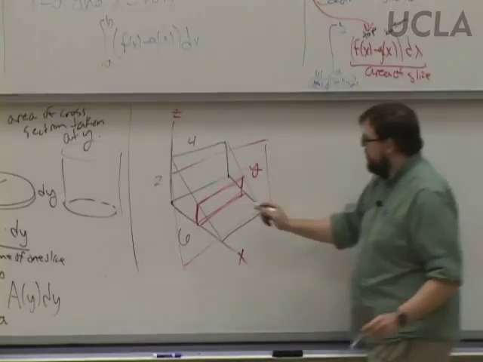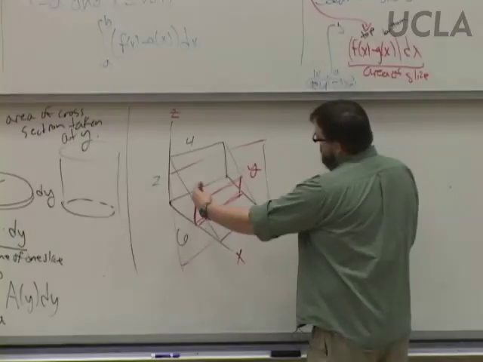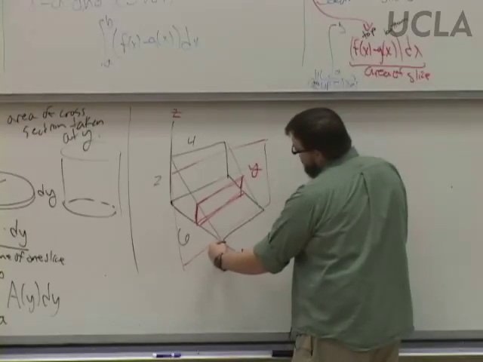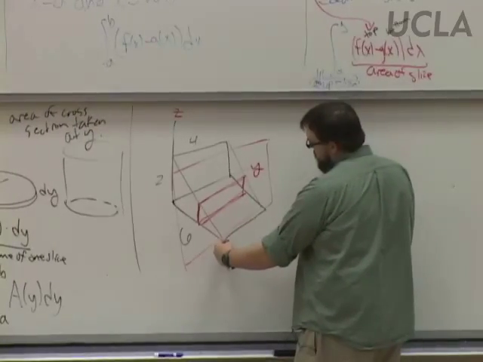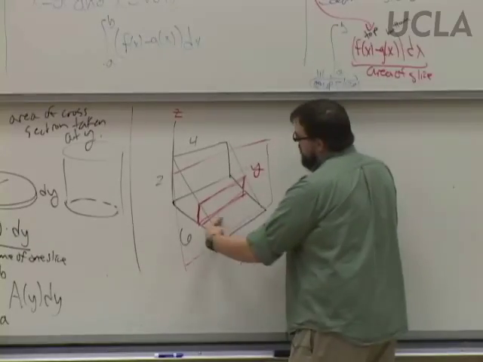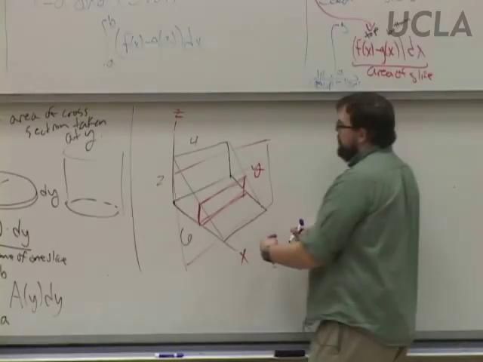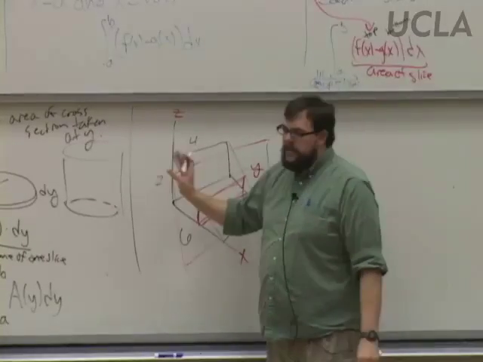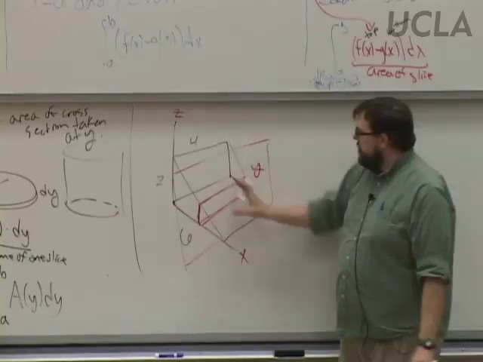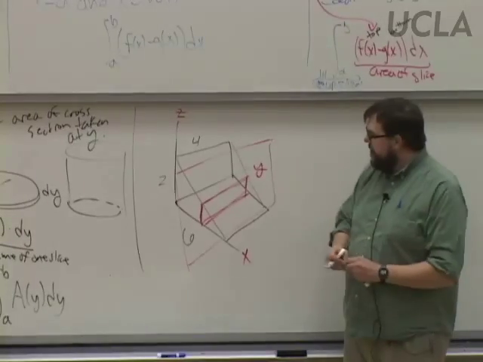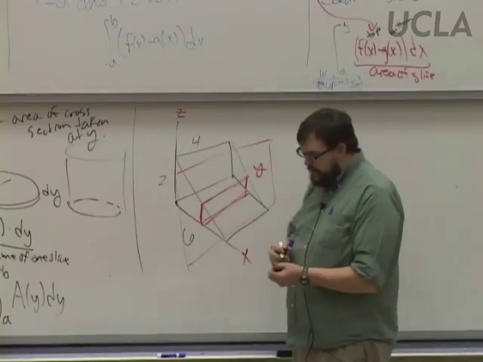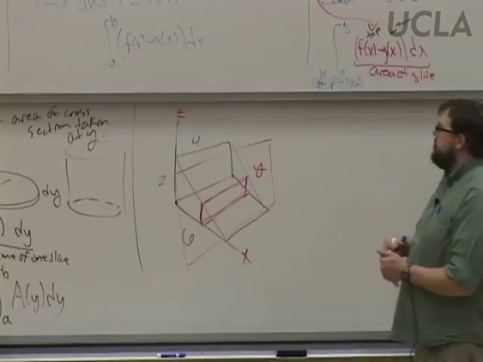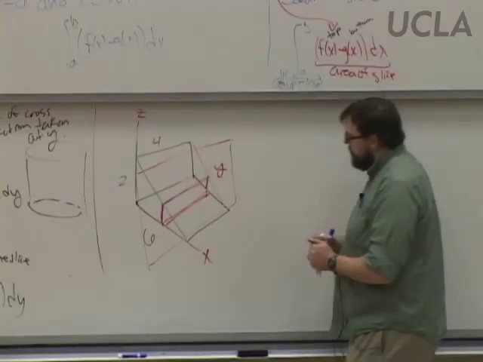And then the area is simply the area of this rectangle. As I move along, at the very extreme end here at x equals 6, my rectangle is just a line, and as I move further along it gets bigger and bigger. The width is always 4, and as I go up, the height increases linearly until I get to 2. So I could sit down and figure out the area of each one of those cross sections, and I'd find the total volume.